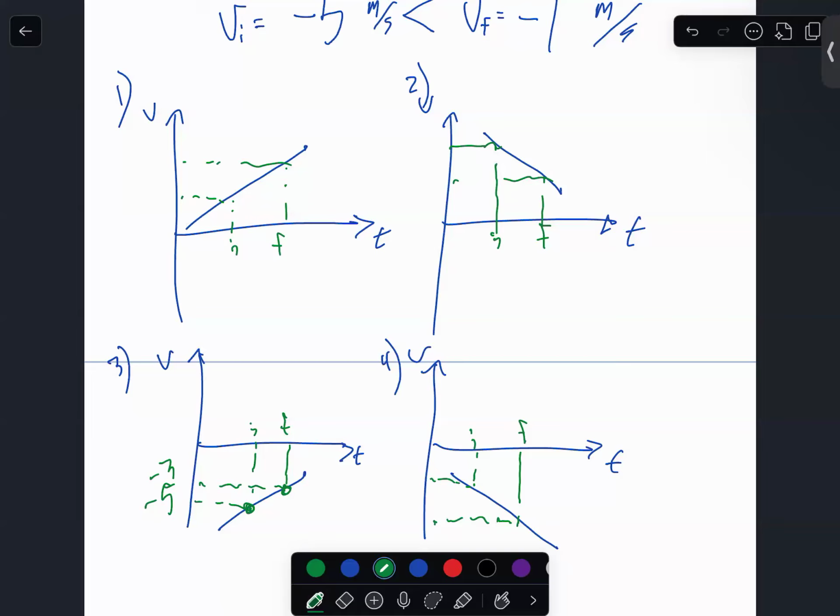Increasing absolute value: the further you are away from zero on a number line, the greater the absolute value. In this case, speeding up, speeding up. Slowing down, slowing down. As time passes, I am approaching v equals 0, the horizontal axis.